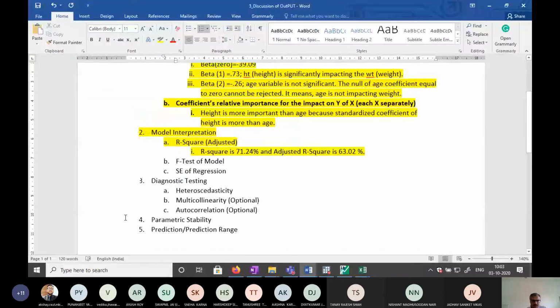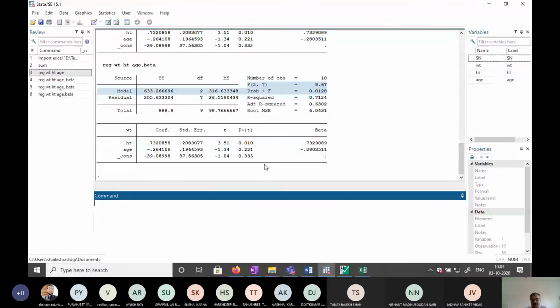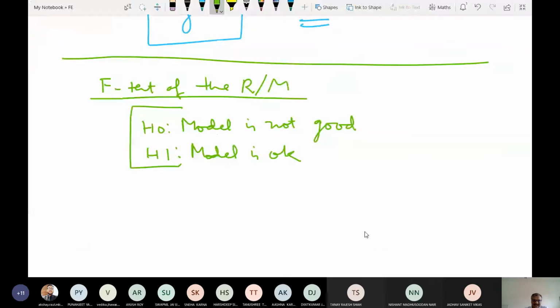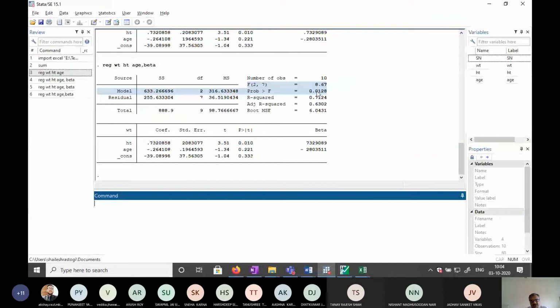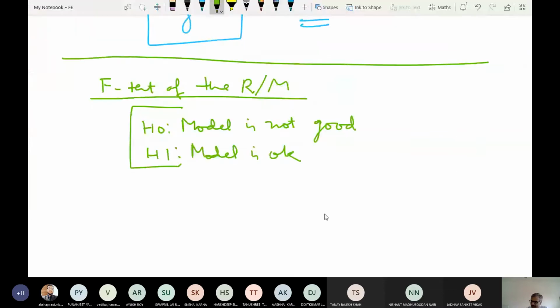Please pay attention. We are talking about the F-test of the model. F-test is going to be used at different places, and where, that depends. Right now we have one F-test for the regression model. Look at this. What we are finding, the value of the F-test is 8.67, and the corresponding p-value, which is more meaningful, is 0.0128.